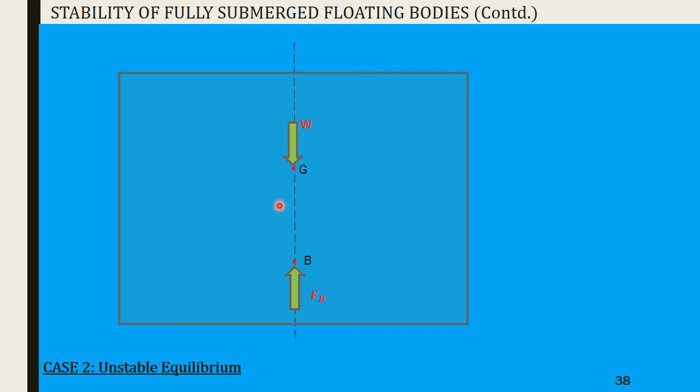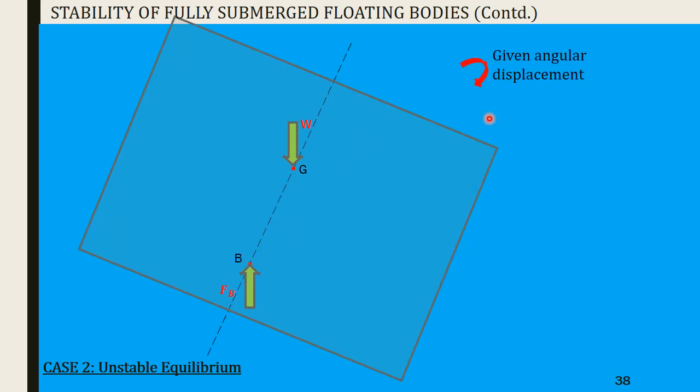When we take the second case, it is unstable equilibrium. Here we can see the center of gravity is above the center of buoyancy. Now, we give a small angular displacement to this body and the body is going to shift. Now W and FB are again going to form a couple amongst themselves. However, the direction of this couple is going to be clockwise.